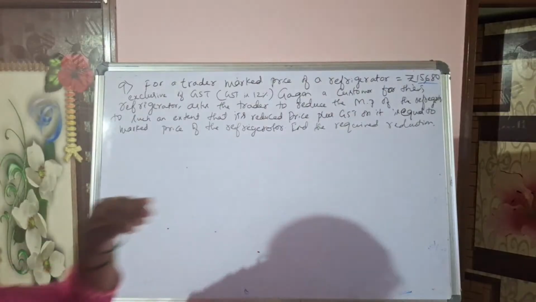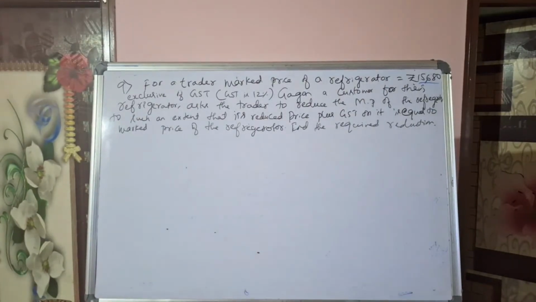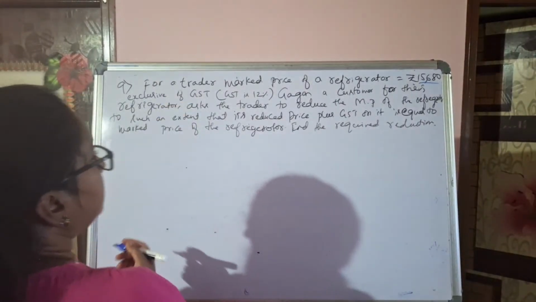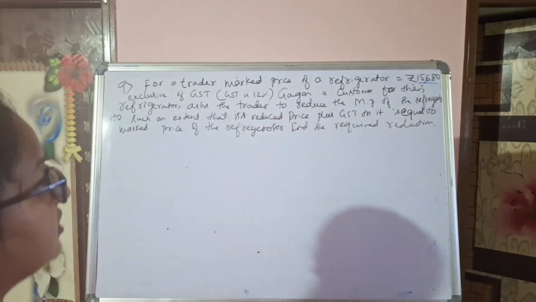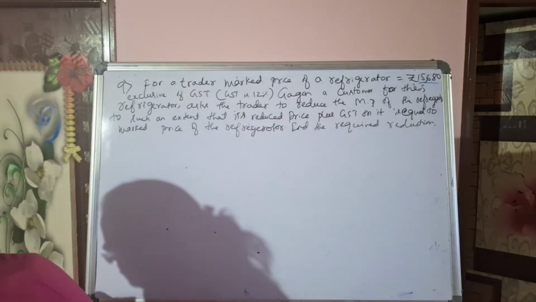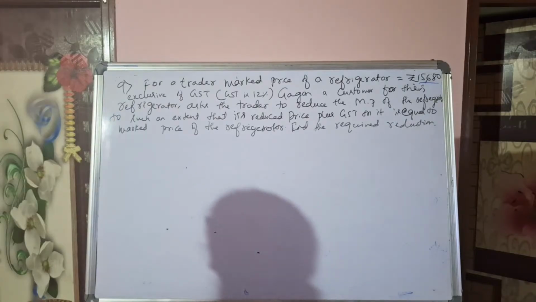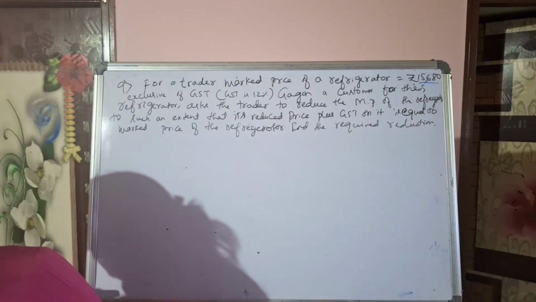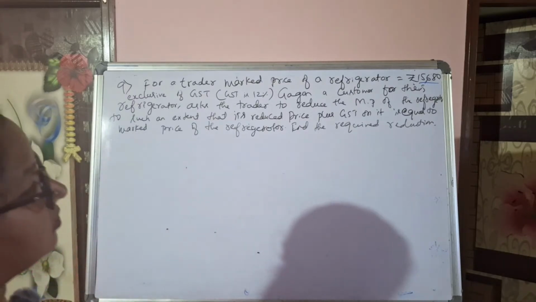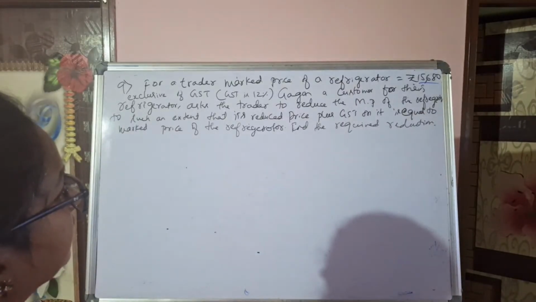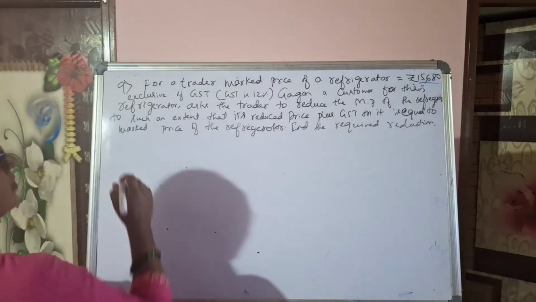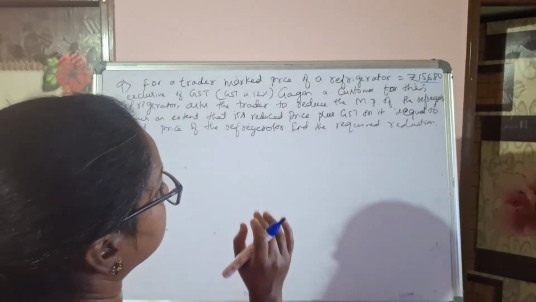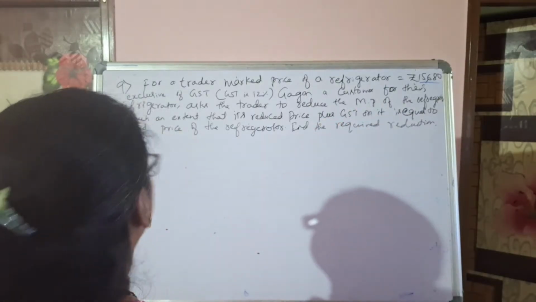So we have to find the reduction in the price. Here they have given the market price of the refrigerator. So here we have to find the reduction in the market price. That is, reduced price plus GST should be equal to 15,680.